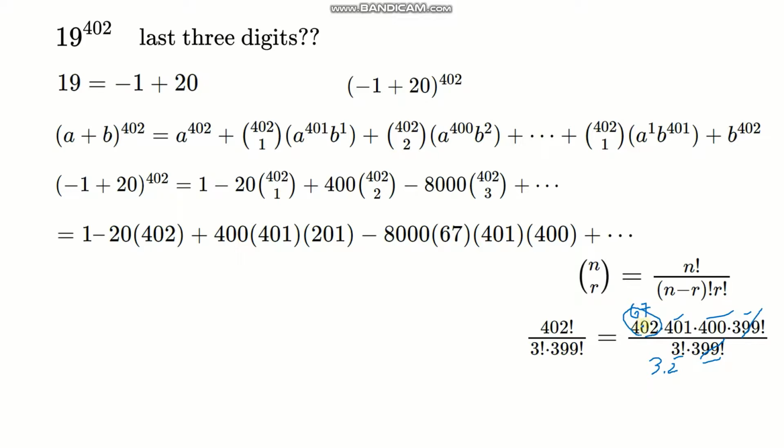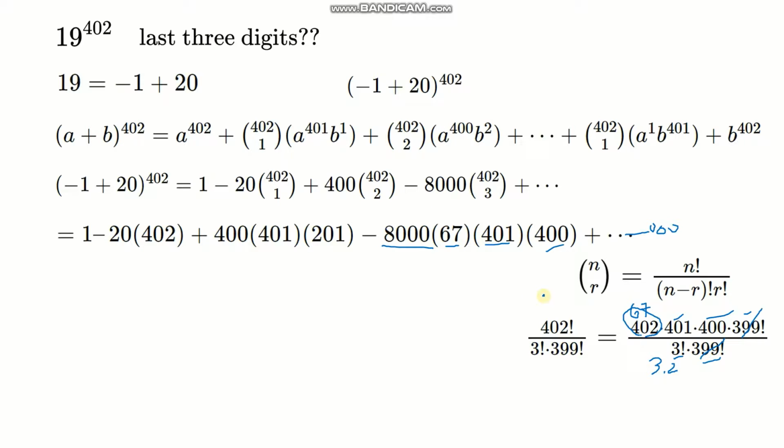So the fourth term is 8,000 times 67 times 401 times 400. And the terms after this one also have more than 3 zeros at the end. Again, because we only need the last 3 digits, adding and subtracting them just leaves more zeros at the end.